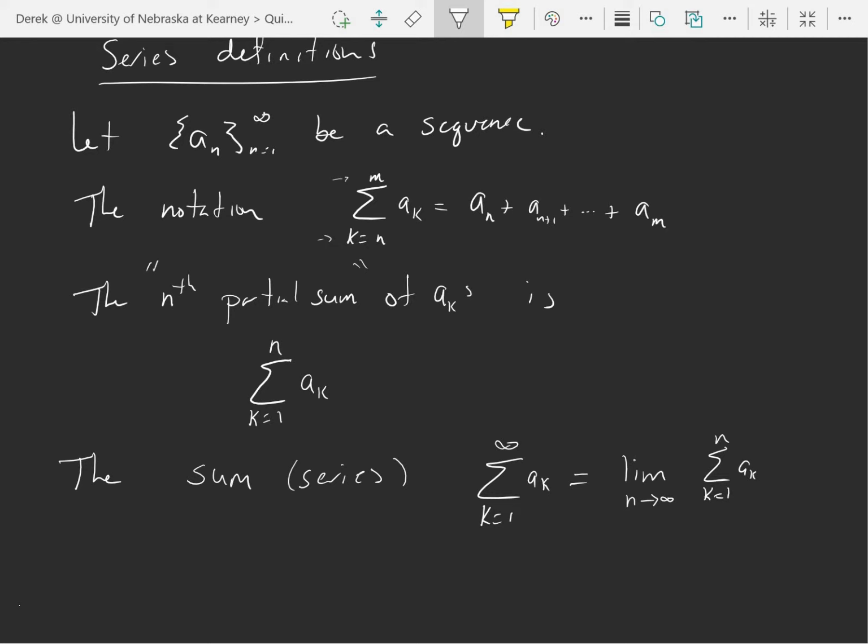Okay, so I can't actually add an infinite number of things together, but what I can do is take a limit as I add more and more of them, and the number of them that I add goes off to infinity. Okay. This is the series formed from a sub k.